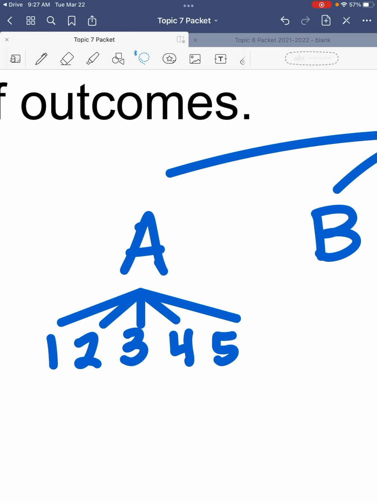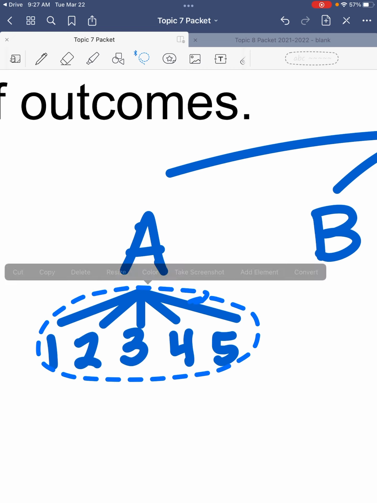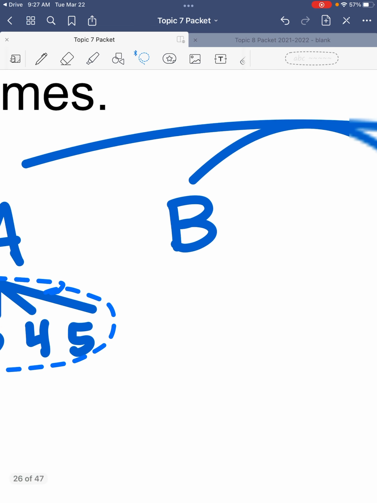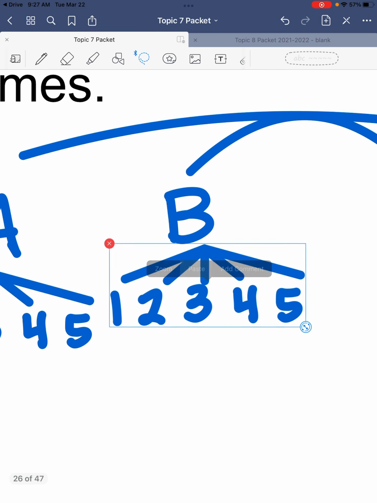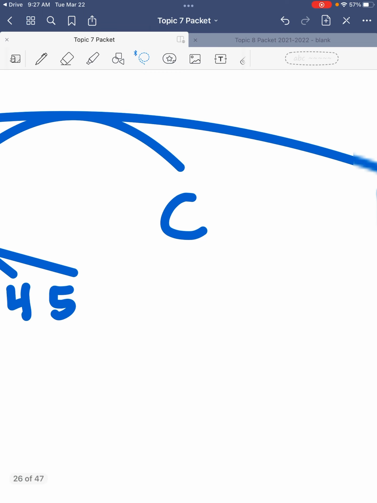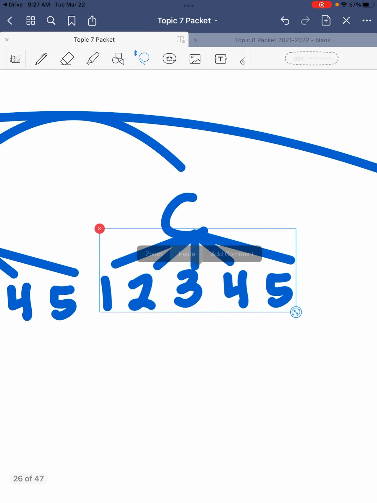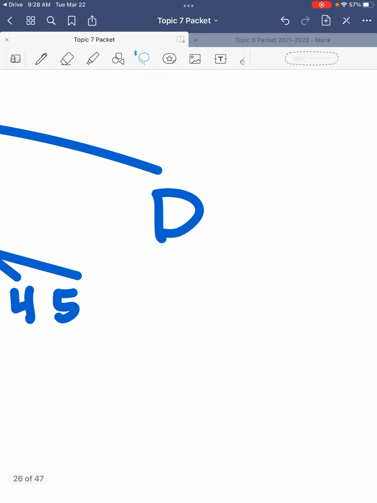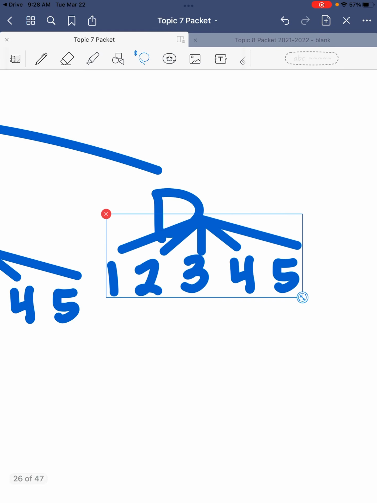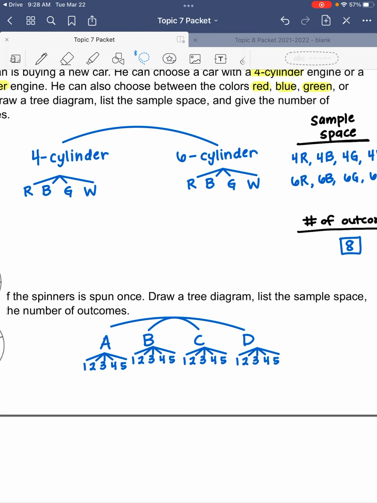Then it lands on A and then it lands on 2, and so forth. So I know that these options for the second spinner get repeated for each of the options for the first spinner. So I'm just pasting them all here using a little teacher magic. So that right there is what my tree diagram looks like.